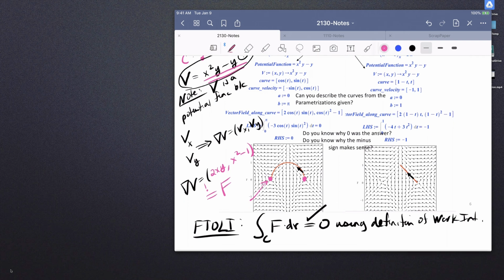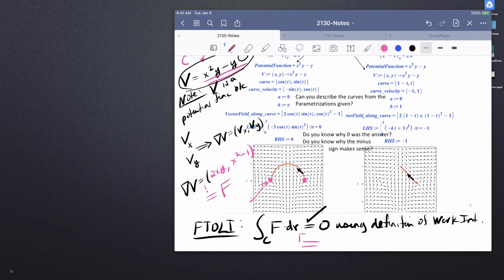Given the fact that this vector field is the gradient of some function V, a potential function, and we know V is equal to x squared y minus y, we can then use the fundamental theorem of line integrals to evaluate the potential function at the endpoint of the curve.